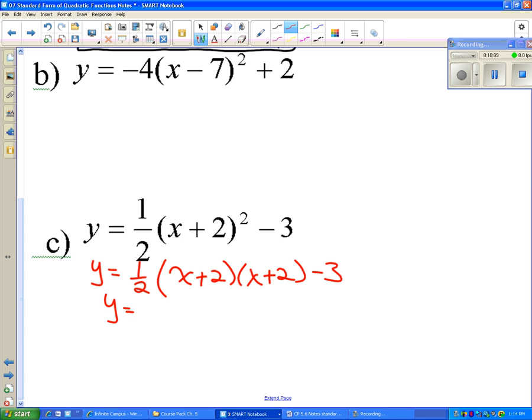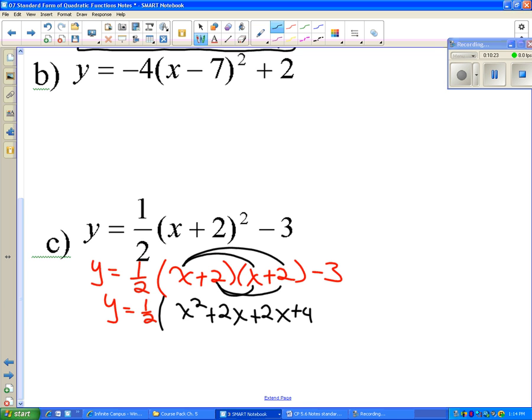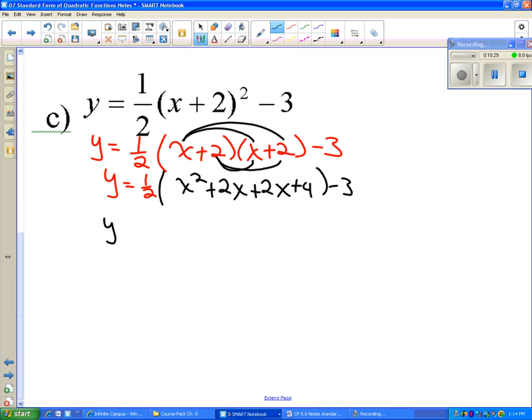FOIL out the middle binomials, and I get first is x squared, outer is 2x, inner is 2x, last is 4, minus 3. Remember, I always have to distribute that, well, combine like terms. x squared plus 4x plus 4 minus 3.